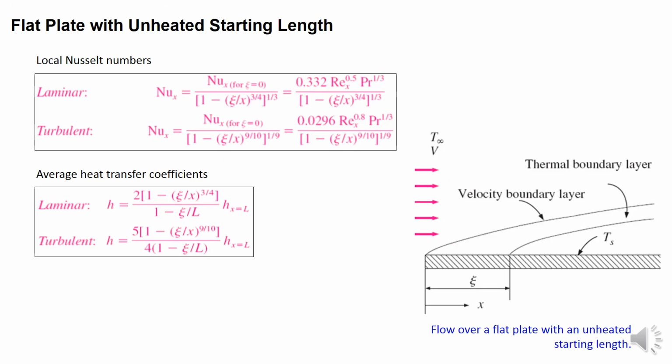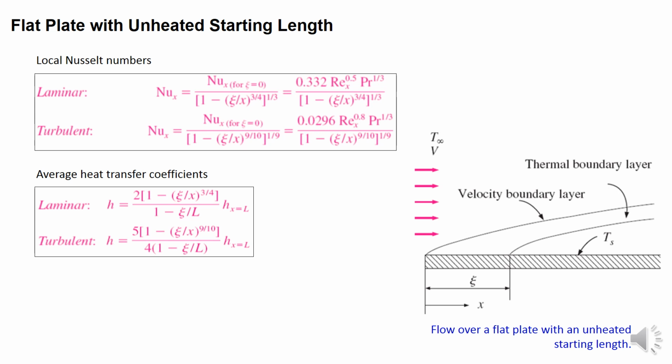There is another case: the flat plate with an unheated starting length. We can calculate the local Nusselt number, which is given for laminar and turbulent flow. There is a tau there, which is the distance of no temperature variation with the environment or the surroundings. Then we have Ts, which is the temperature on the surface of the flat plate, as you can see in the figure.